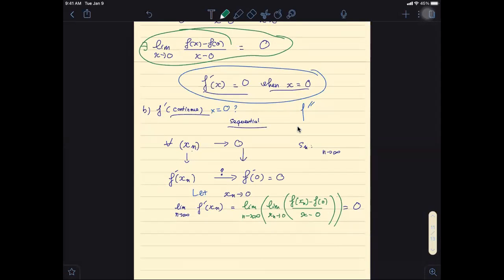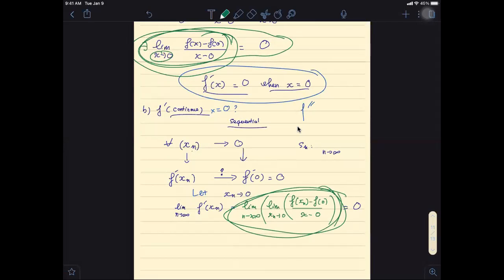Pretty much this thing and this thing are just the same thing. Here you are also looking at, for every sequence x sub n approaching 0, and in this one you do the same thing. Because this one equals 0, and this one goes to 0, then this one must go to 0.